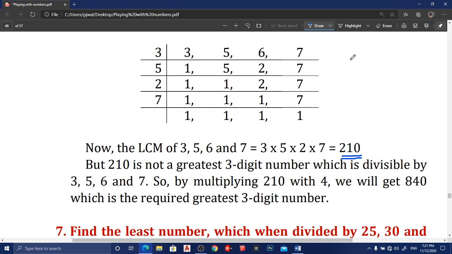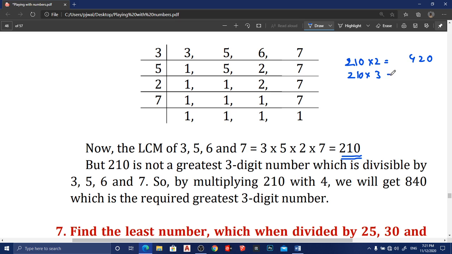So take all the multiples of 210. 210 ones are 210 only. 210 twos are 420. 210 threes are 630, which is also a three-digit number. 210 fours are 840, so this is also a three-digit number and a multiple of these four numbers.